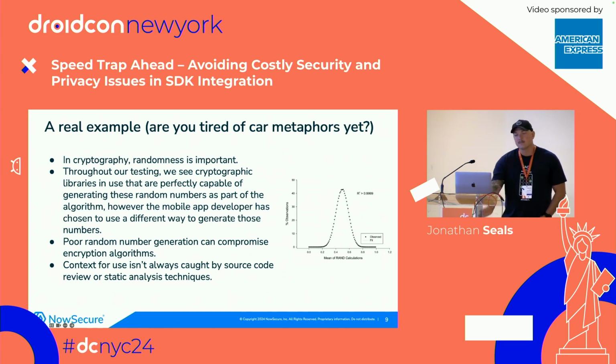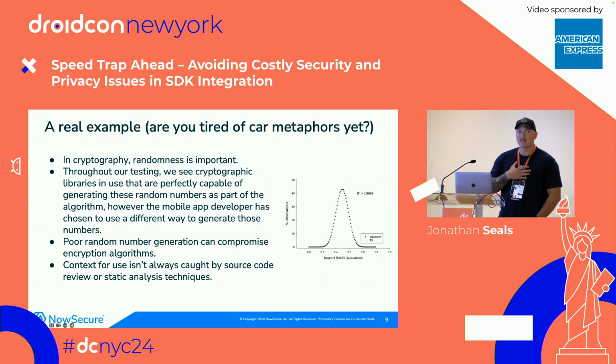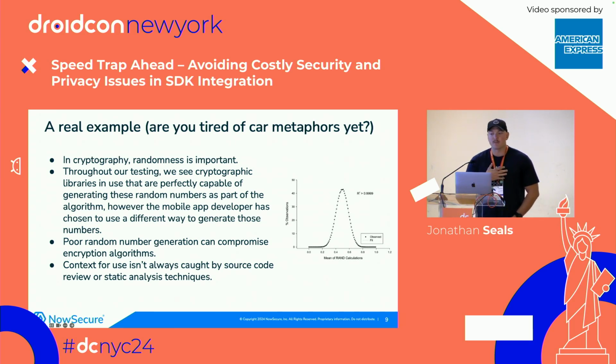All right, a little real example. Random number generators. The cryptography of randomness is very important. It plays a crucial role in the security of these apps and SDKs. But in my experience of testing, it is one of the most common issues in mobile app development.